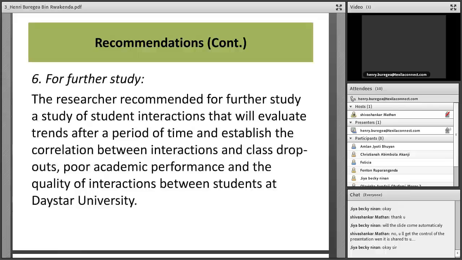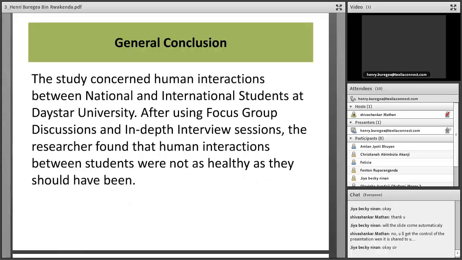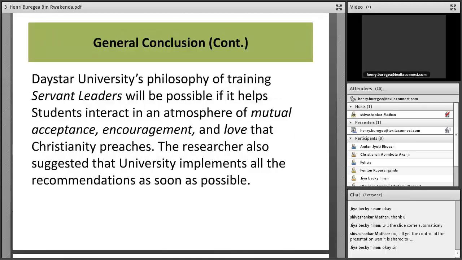In conclusion, the study concerns human interaction between national students and international students at Daystar University. After using focus group discussion and in-depth interview sessions, the researcher found that human interaction between students was not as healthy as it should be. The university should encourage mutual acceptance, encouragement, and love that they preach.